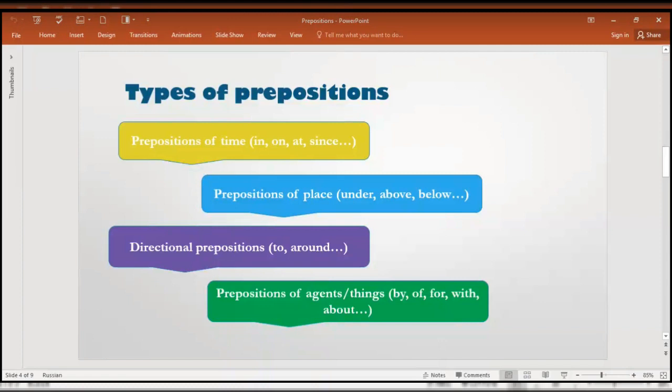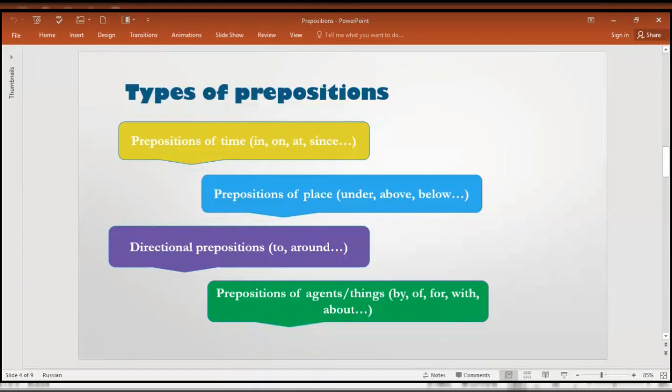The second one is prepositions of place, which we use for showing the place of something, like the cat is under the table, or the plane is above the city. And directional prepositions show us directions and instructions, like I went to school yesterday.